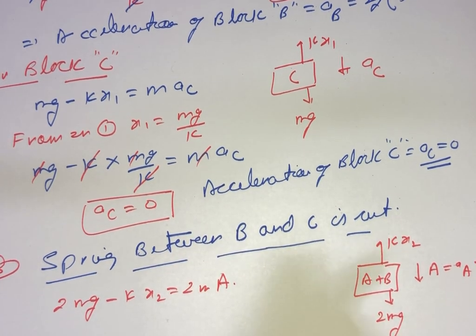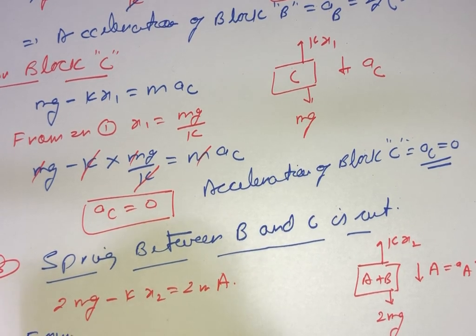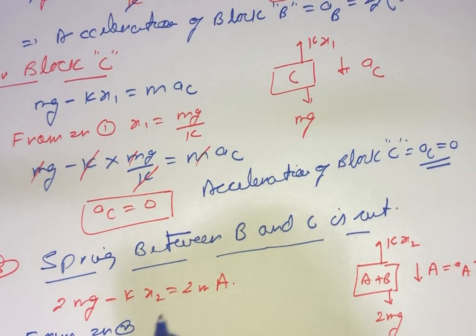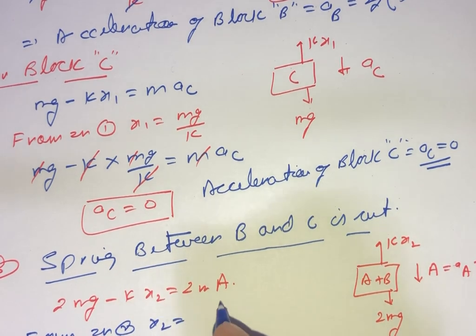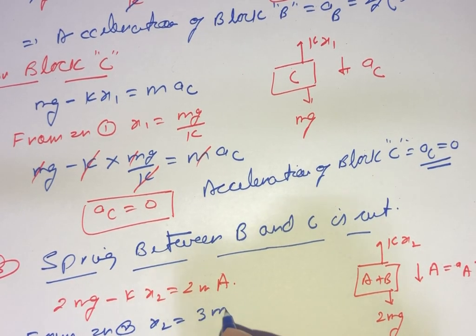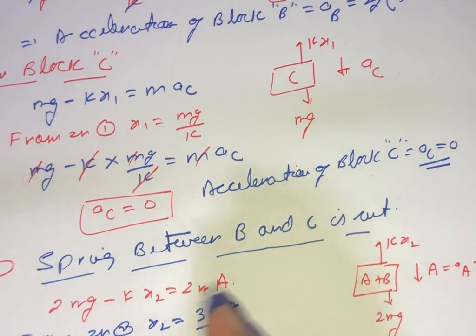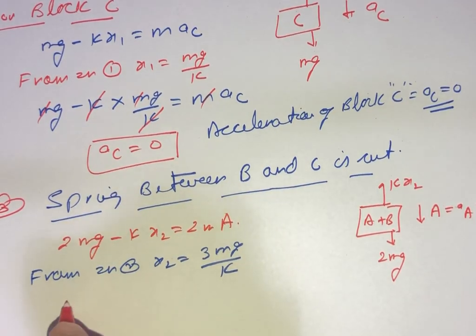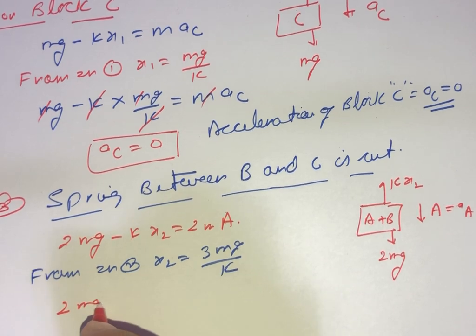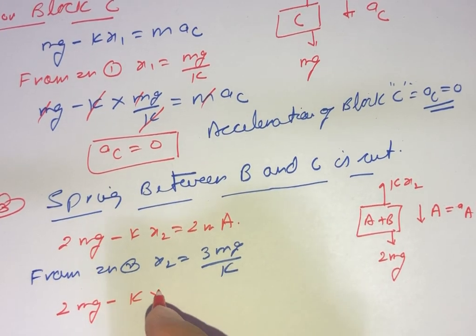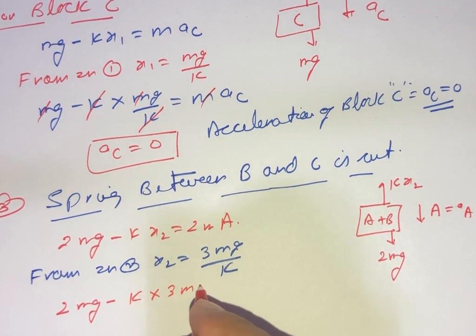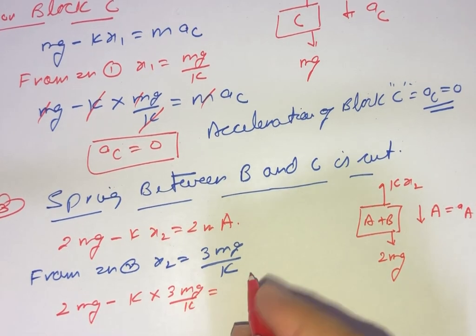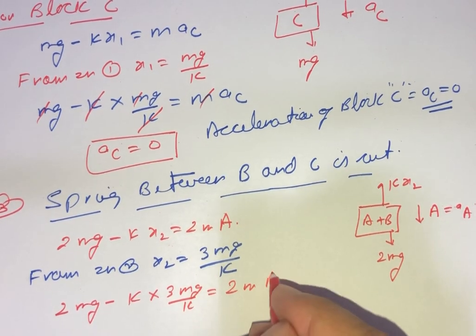That is equation number 2. From equation 2, x2 is equal to 3mg divided by k. So we put the value, and get 2mg minus k into 3mg divided by k is equal to 2mA.